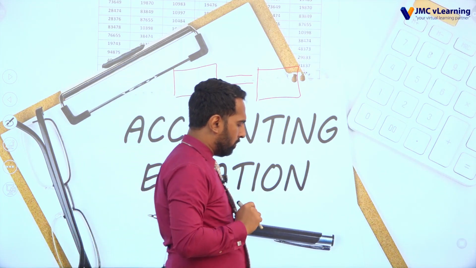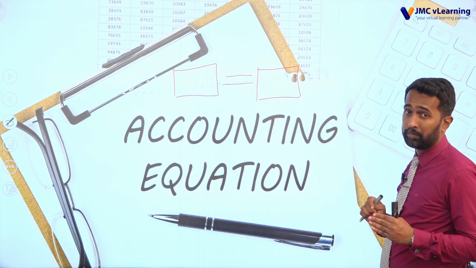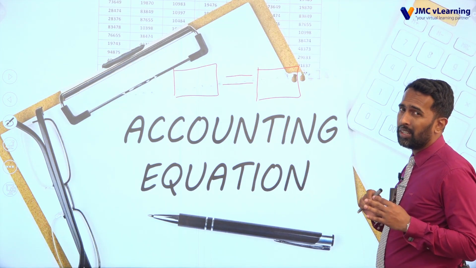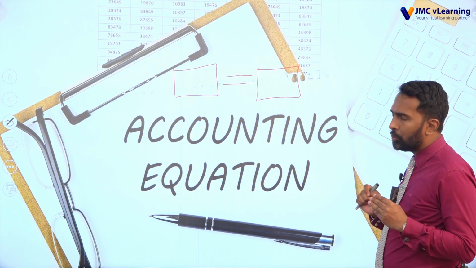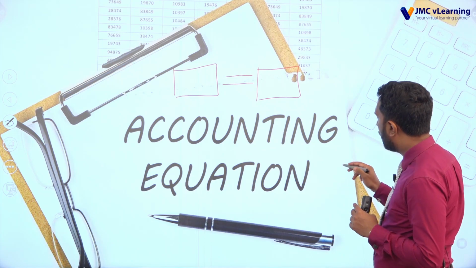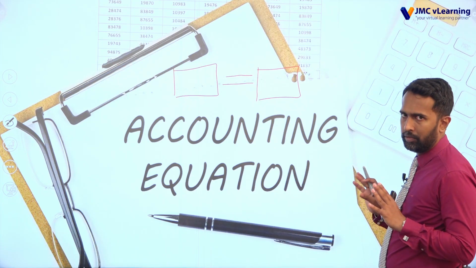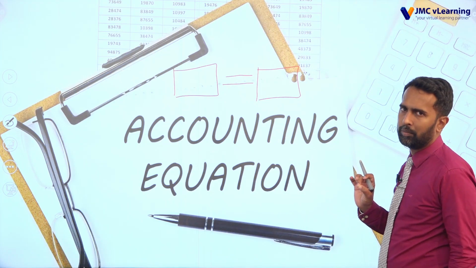Before we learn the accounting equation, we need to learn a few important accounting concepts, and then we'll gradually move on to it. This accounting equation is connected to accounting elements we will learn. So before that we will learn a fundamental basic accounting concept. For us to learn about the accounting equation, we need to know this accounting concept.